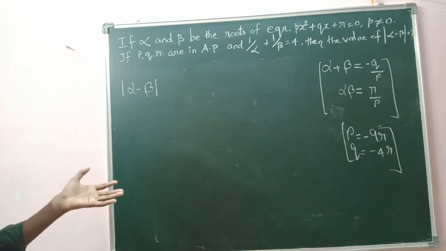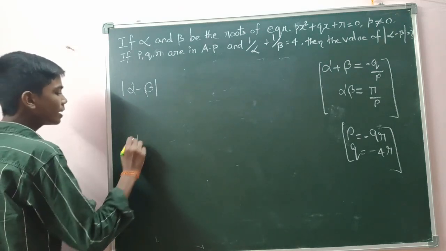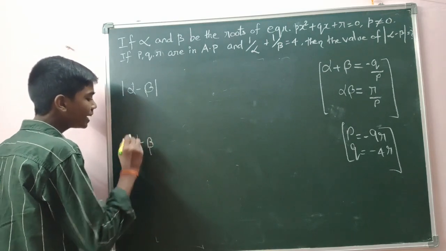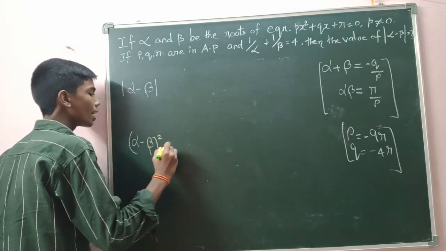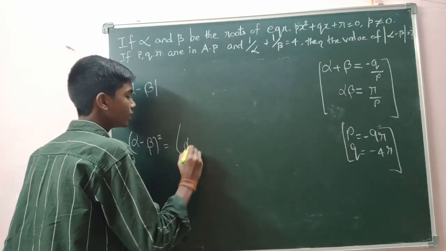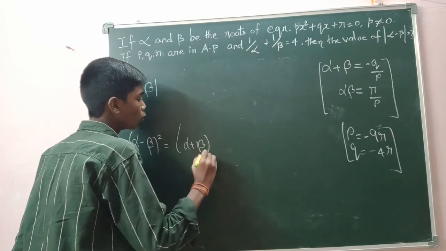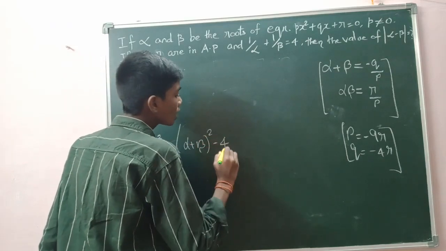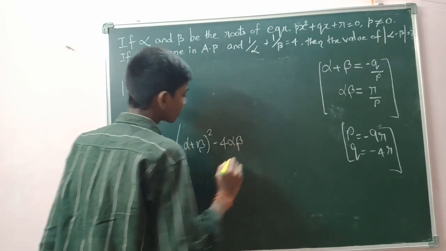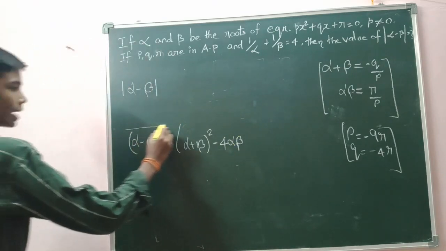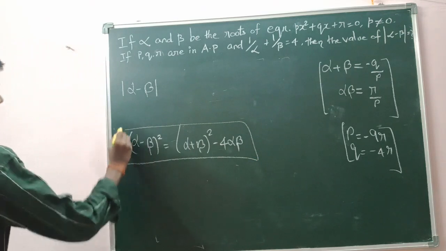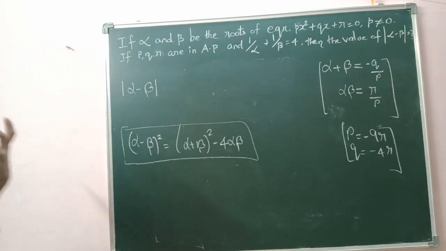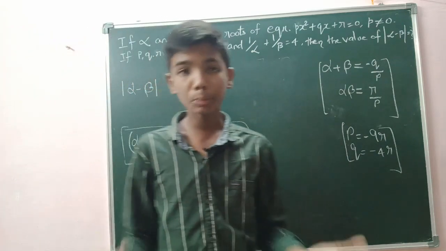It's very easy because we know that alpha minus beta whole square is nothing but, listen carefully, alpha plus beta the whole square minus 4 alpha beta, correct? This is one identity. It's derived from the basic algebraic identity.